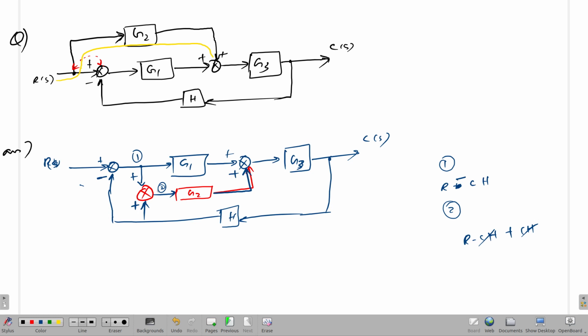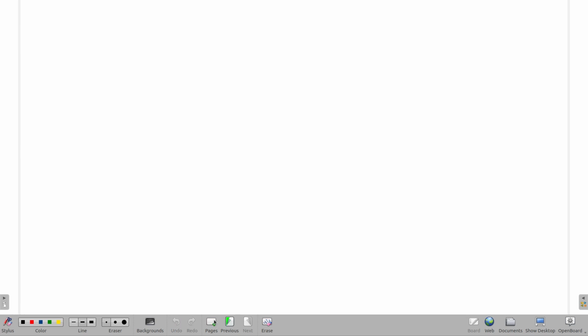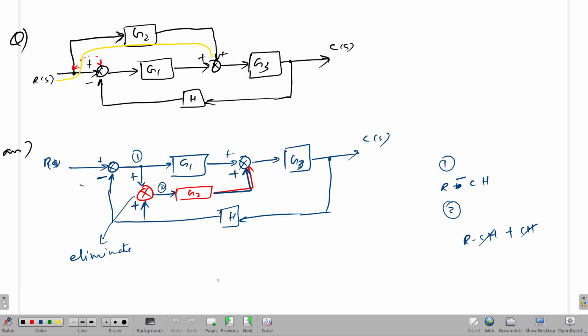But this particular thing makes the analysis more complex, so we need to remove this, right? We need to eliminate this particular summing point. So let's see how we can do that. Basically what we are going to do is split this thing.